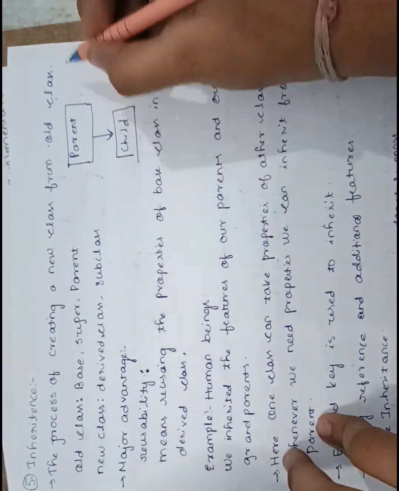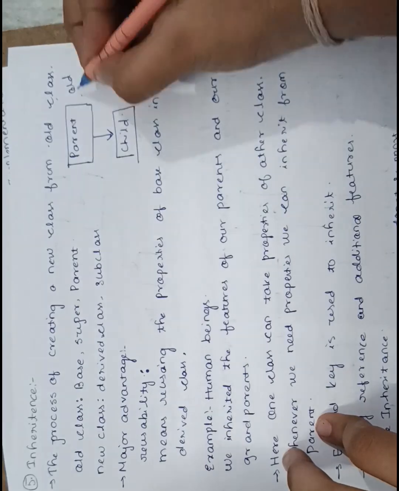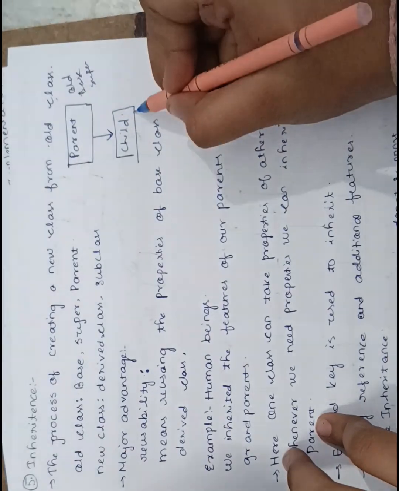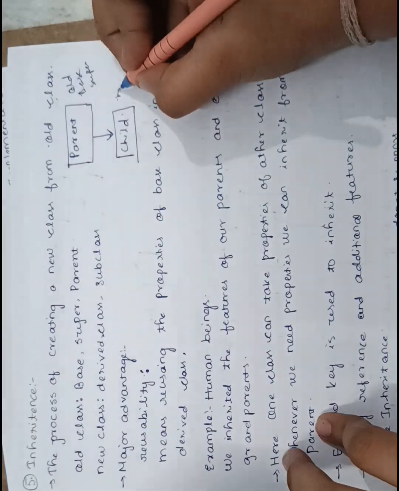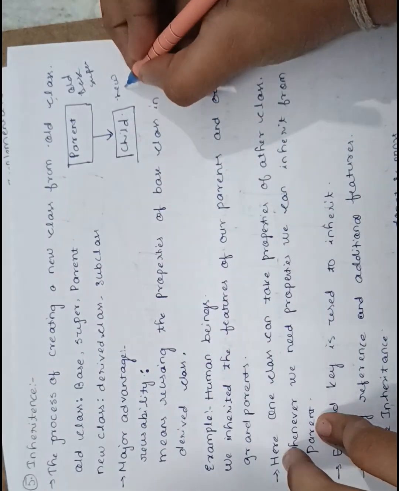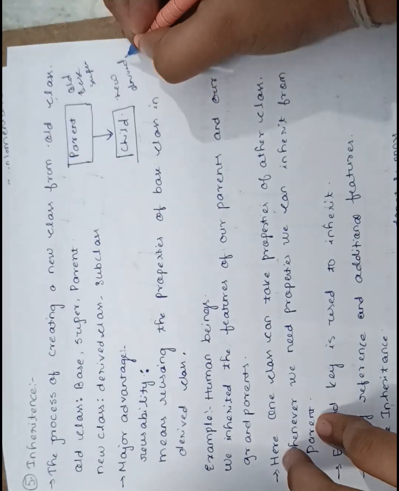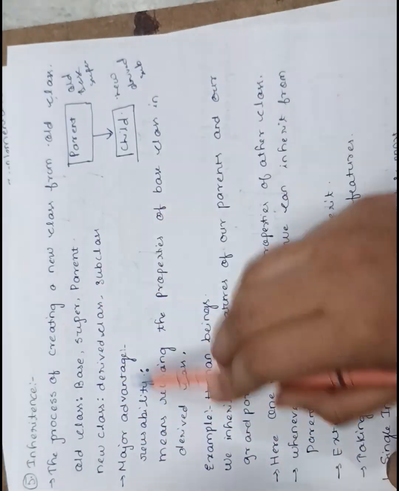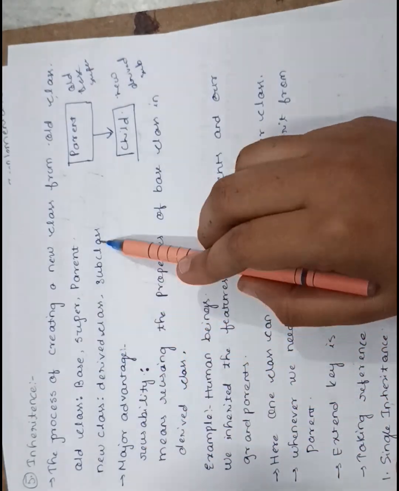Here the parent is the old class, also known as base or super class, and the child is the new class, also known as derived class or subclass. Old class means base, super, parent. New class means derived class, subclass.